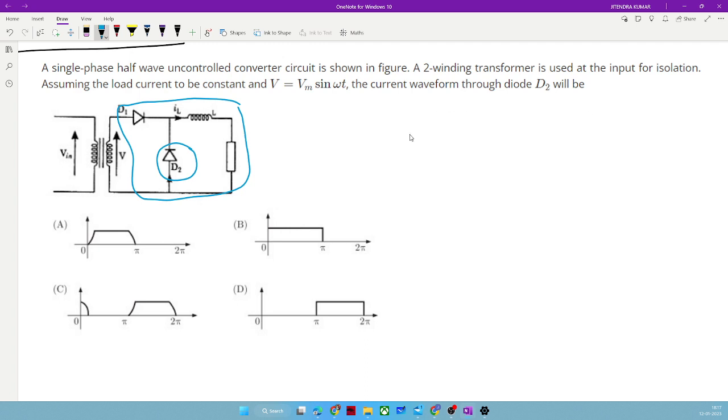However, we haven't discussed any characteristics of D2, but we will see what will happen. So see, when supply was positive, when Vm sin omega t is positive, this is Vs. It means this diode will be forward biased, which means this diode will be reverse biased.